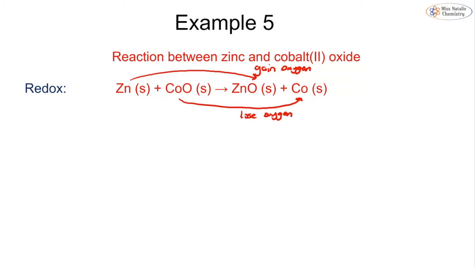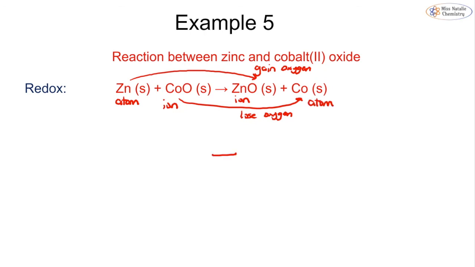Now, we want to write out the half equations for that, so then we need to figure out what's the atom, what is the ion. Well, when it's zinc solid, that is the atom, whereas cobalt, when it is bonded to oxygen, is in the form of an ion. Zinc oxide contains a zinc ion, whereas cobalt metal contains the atom.